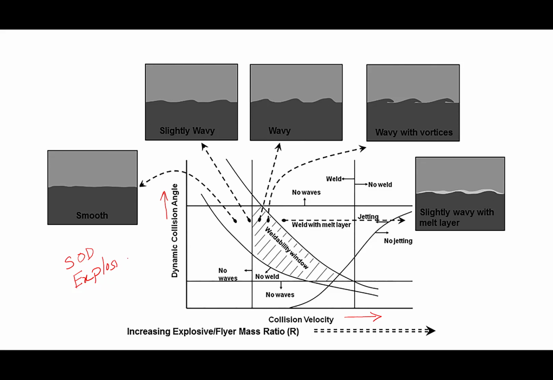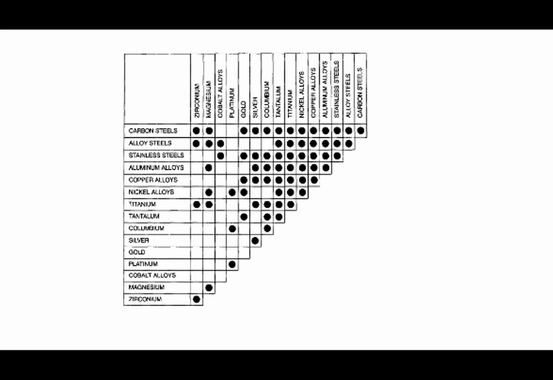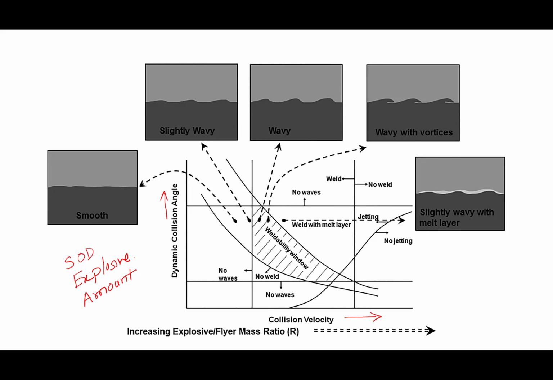and the amount of explosive which is being used, that you can say the quantity of the explosive per unit area. Okay, type of explosive and amount of explosive. So these are the three factors.